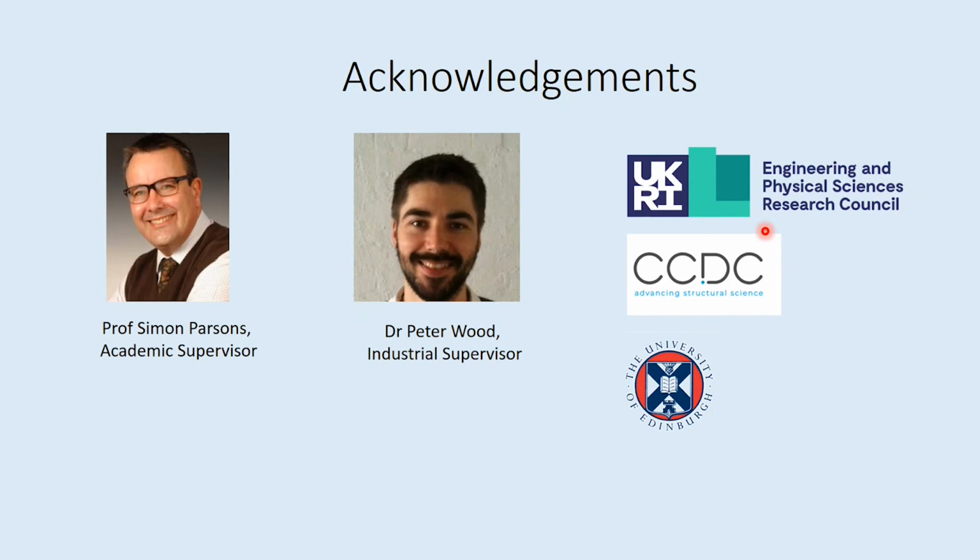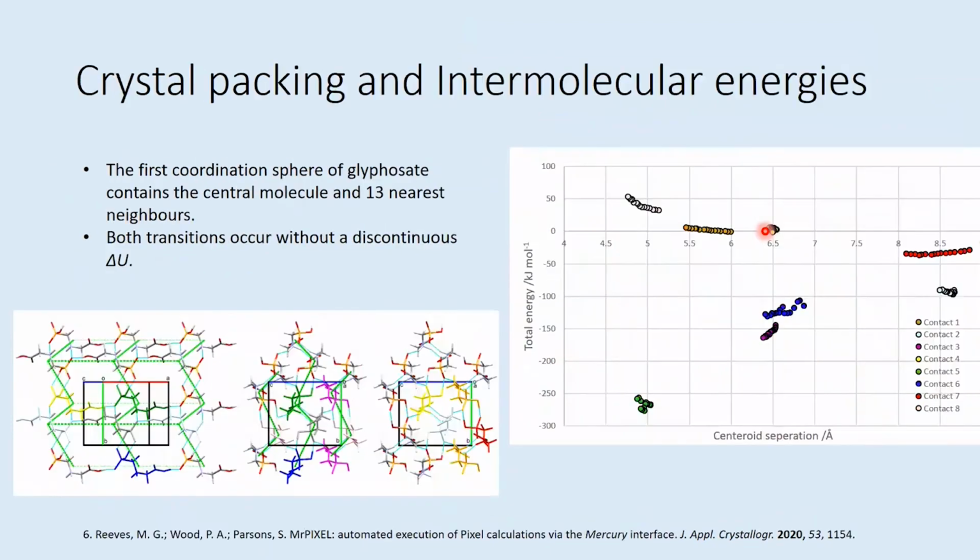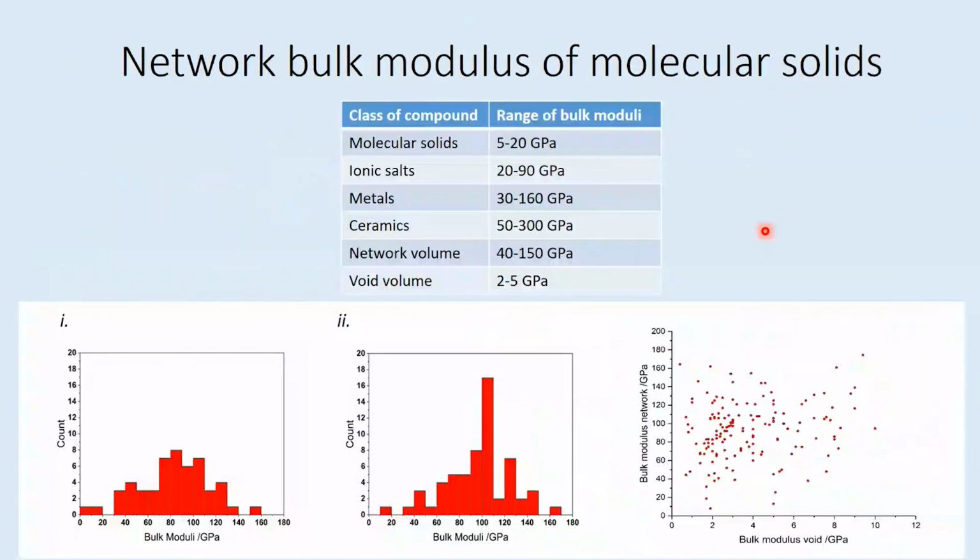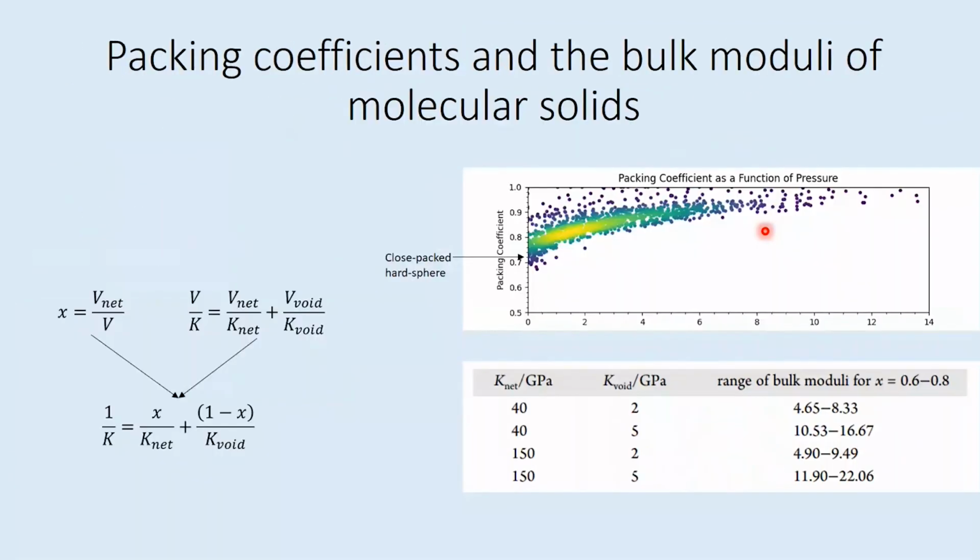I was actually quite interested in the packing plot. You showed a packing versus pressure plot quite early on in the presentation, and you get that lovely asymptotic type behaviour towards a packing coefficient, but it's quite scattered, and there are a number of outliers on there.